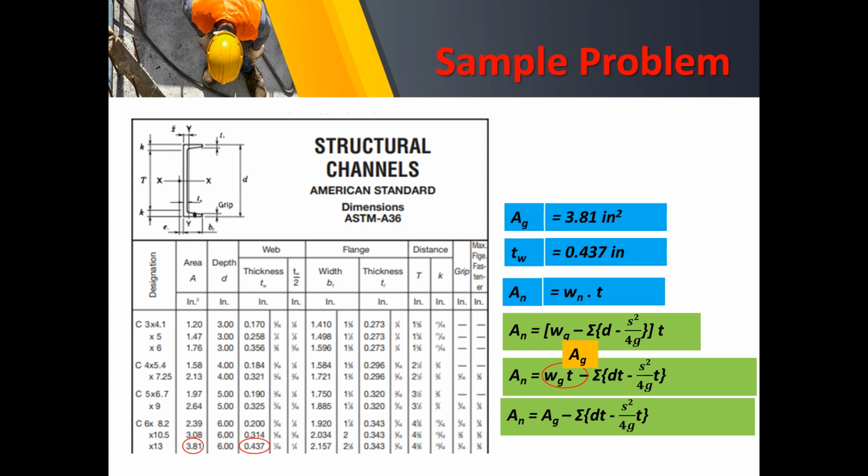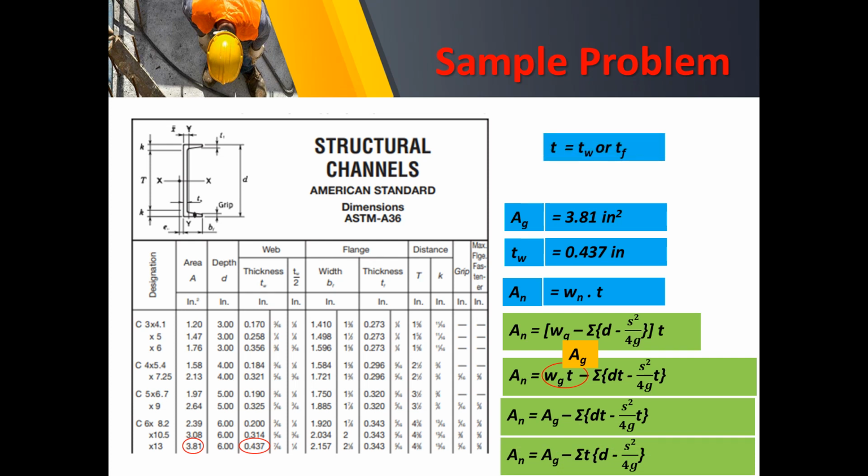So again, this is just an expansion of your net width, and the net width times thickness is the net area, so that we can express the net or the gross area in our equation.